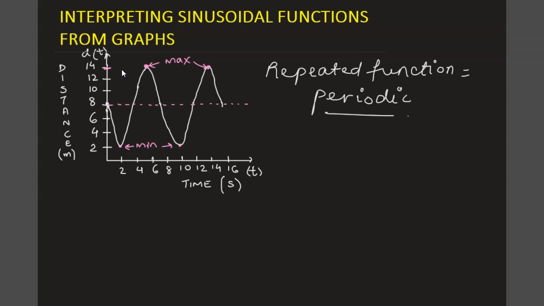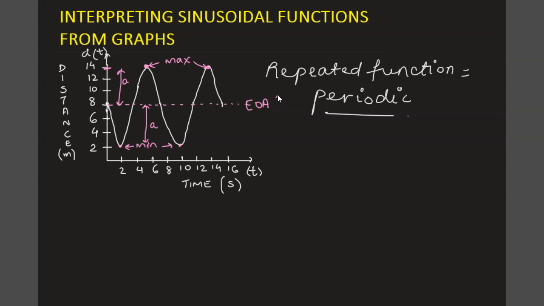Now, the amount of distance that we go above the central axis, or the amount of distance that we go below the central axis to reach the maximum or the minimum, is called amplitude, marked with A. The central axis is called the equation of axes.